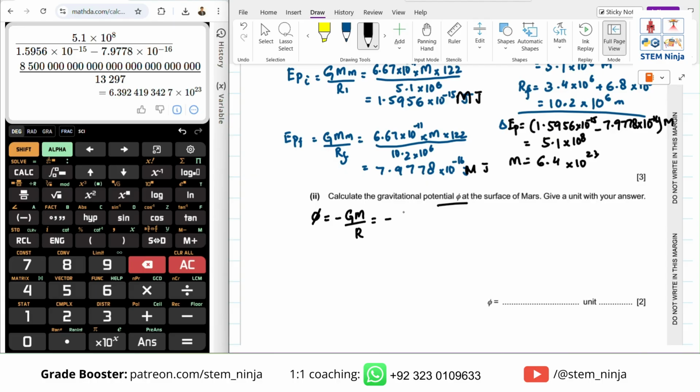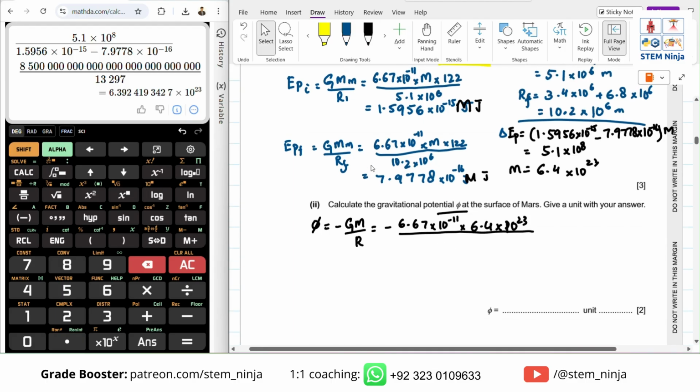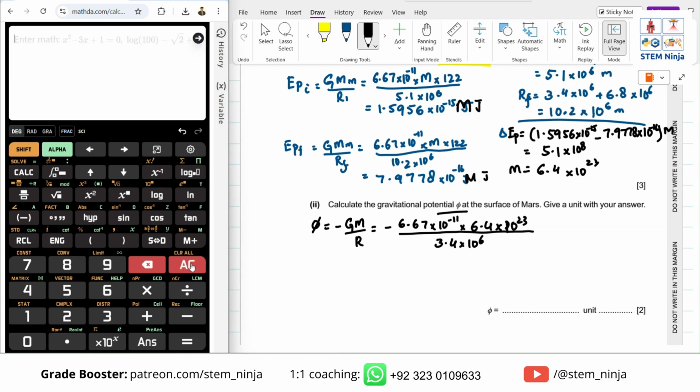So minus 6.67 × 10^-11, mass is 6.4 × 10^23 divided by the 3.4 × 10^6.